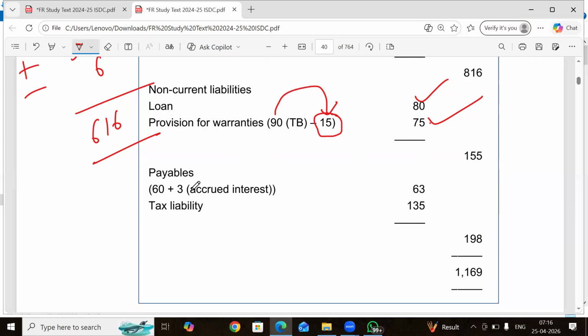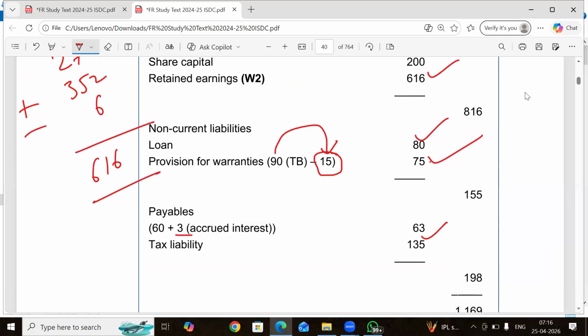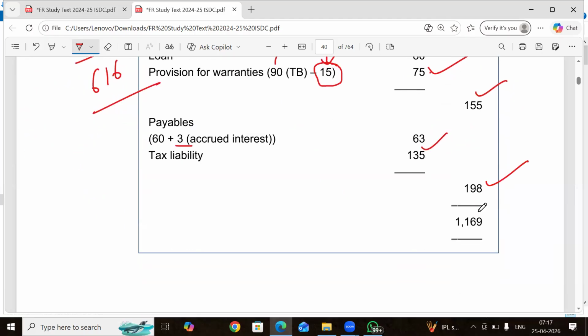You remember that 3 I told, now outstanding interest you need to add to the current liabilities. So 60 plus 3, 63. Tax liability, current year's made provision is 135. So now what happens? This and this total to 1169. This is the total of equity and liability side. So balance sheet is tallied.